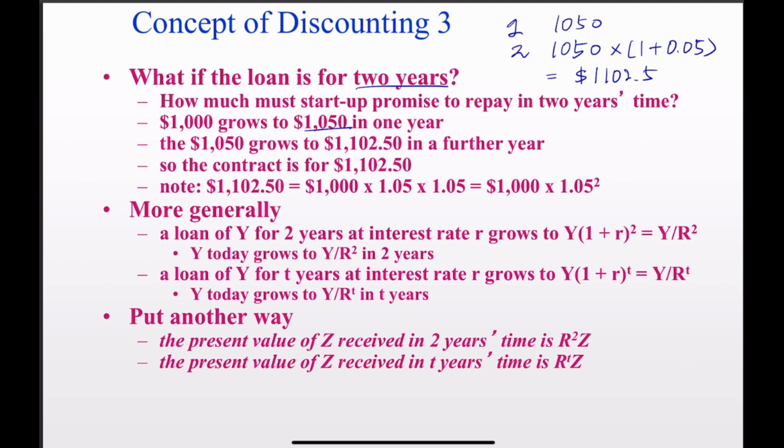So this is called compound interest. We can write this as future value is present value times 1 plus your interest rate to the power of the number of years.